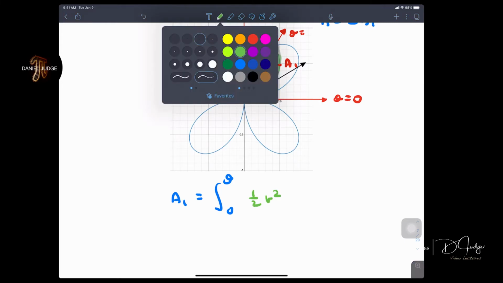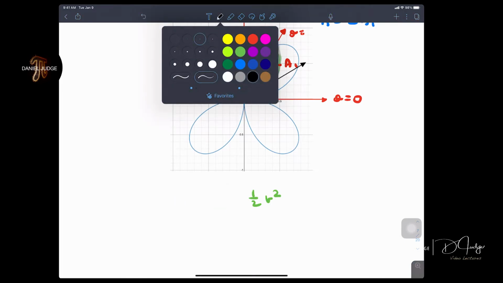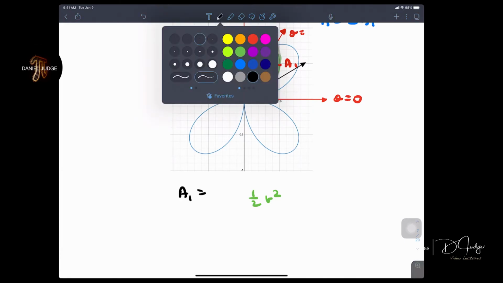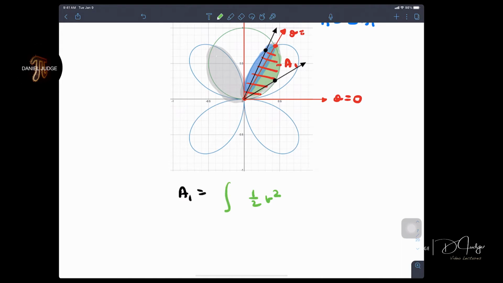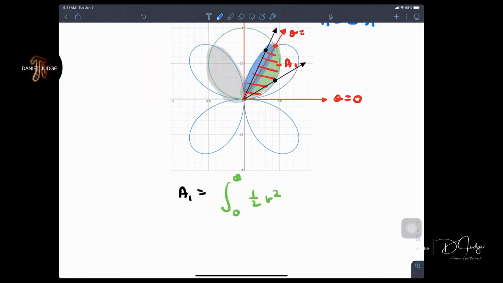We don't know what that is. All right. Integral from 0 to some theta, 1/2 r squared. Now, this will be plus.